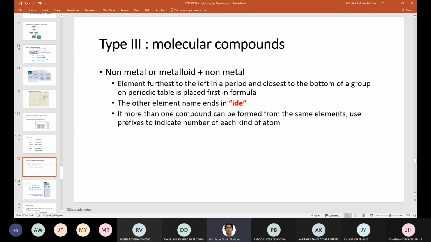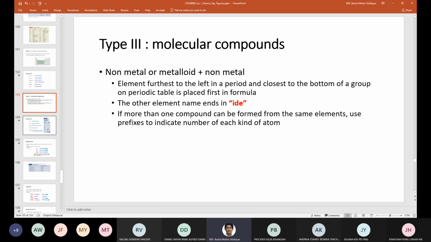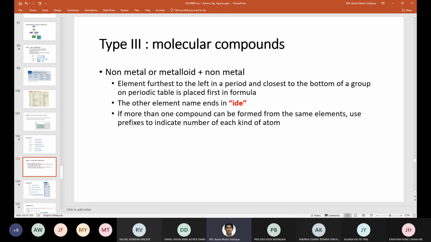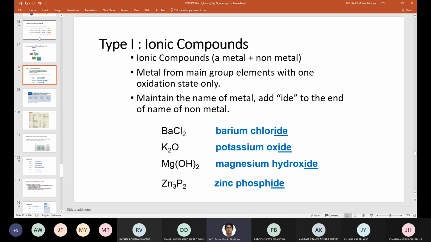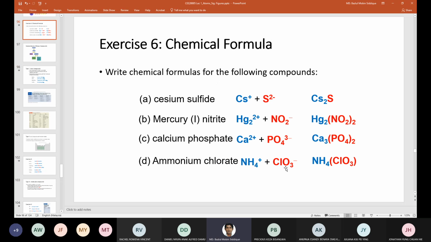So type 3 compounds are non-metal or metalloids plus non-metal. So far we have seen metal plus non-metal, but here is non-metal and non-metal. Just like here, remember ammonium chlorate, right?